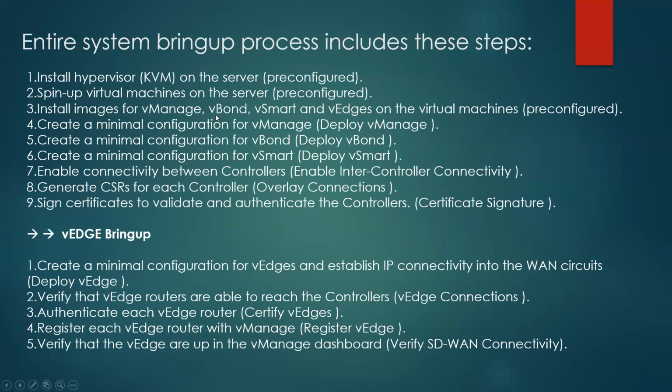Great. So what are the steps we have to bring up our lab? You can see the steps I have listed here. The 1 to 9 steps on your screen are related to controllers, and at the bottom, these steps are related to edge devices. Configuration-wise, these steps are easy.